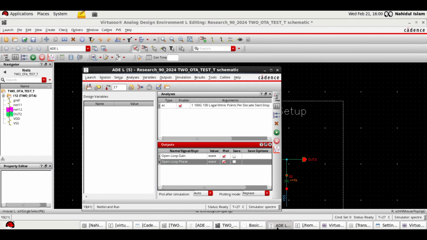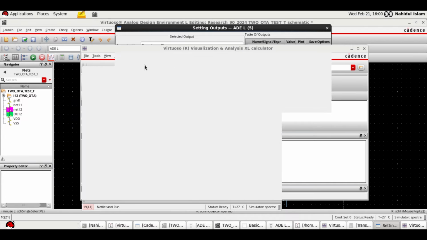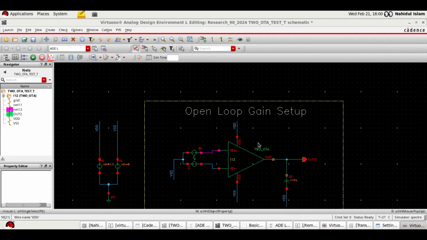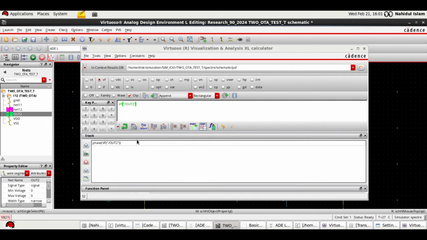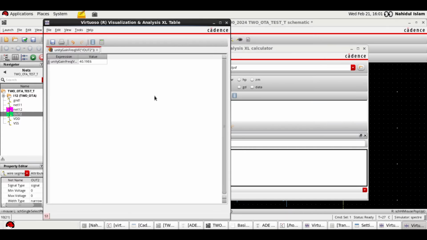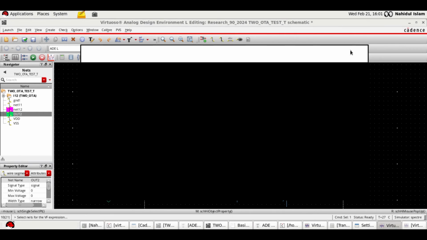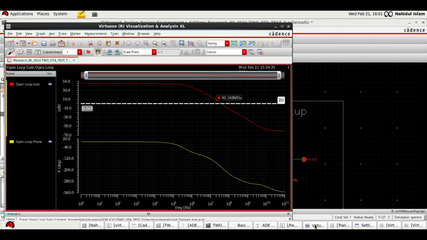Sorry, I said the wrong function. Yeah, it's 40 megahertz. We calculated manually, and this from the calculator is also 40 megahertz. Let me show you, 40 megahertz.